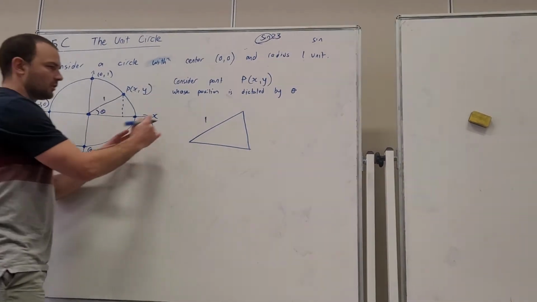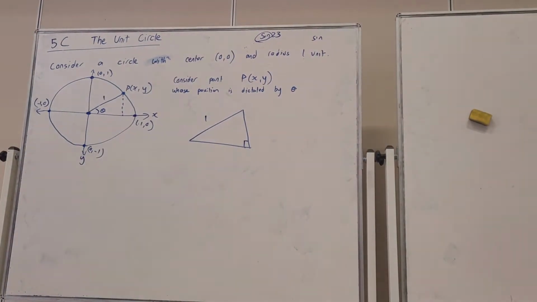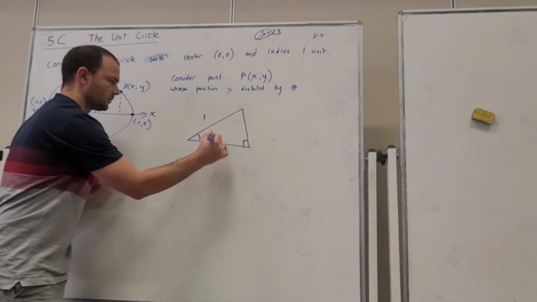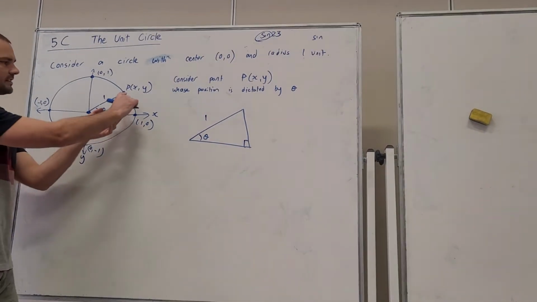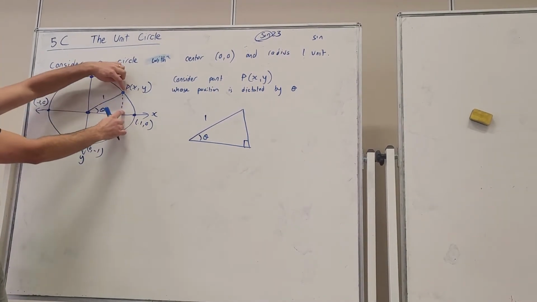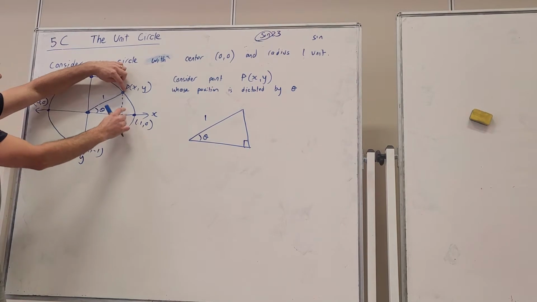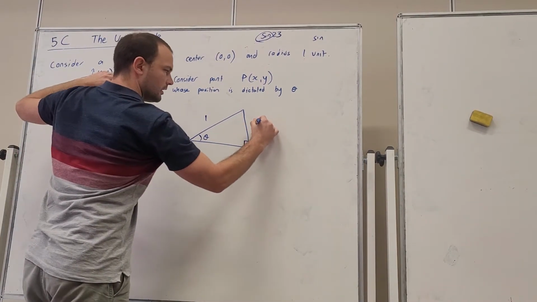It's a right angled triangle because we've drawn that line straight down. And this is theta, we've defined that as theta. And this distance here is just going to be the y coordinate, because the distance from x is 0 to this y value here is the y coordinate.